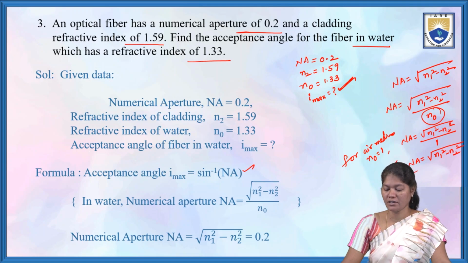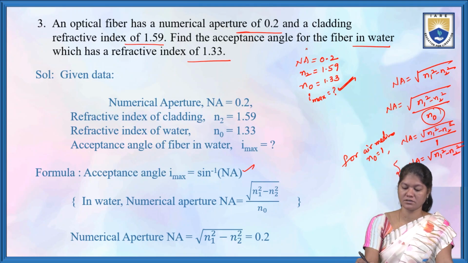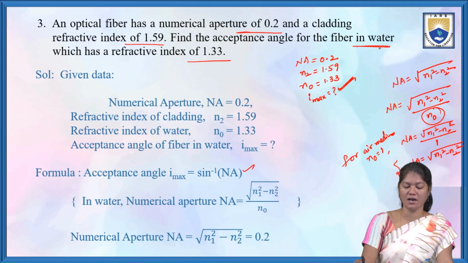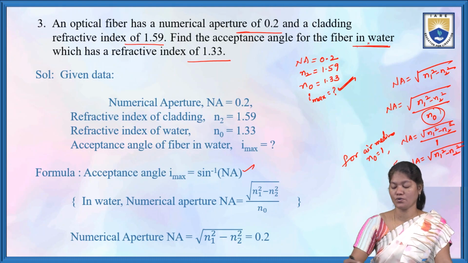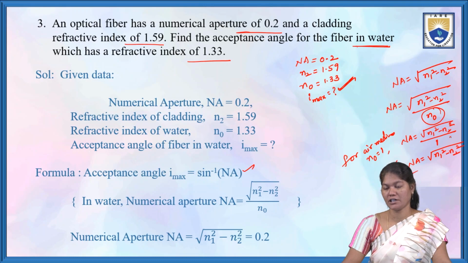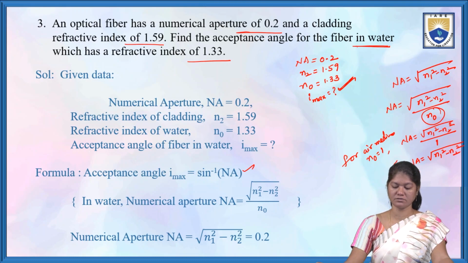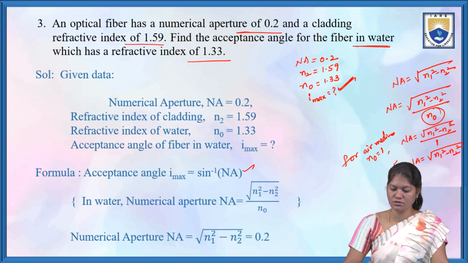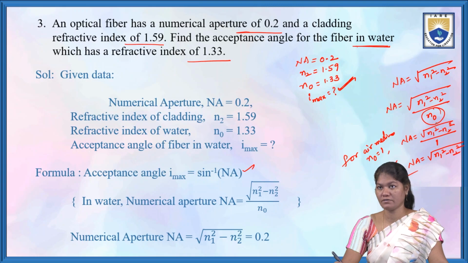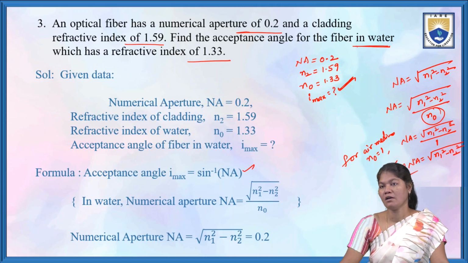In this case, the acceptance angle is for the optical fiber in water, which has a refractive index, so instead of N0 we have to take 1.33. For the air medium we take N0 equal to 1, so NA is equal to root of N1 square minus N2 square. We use the other formula in problems where a specific medium has been given.